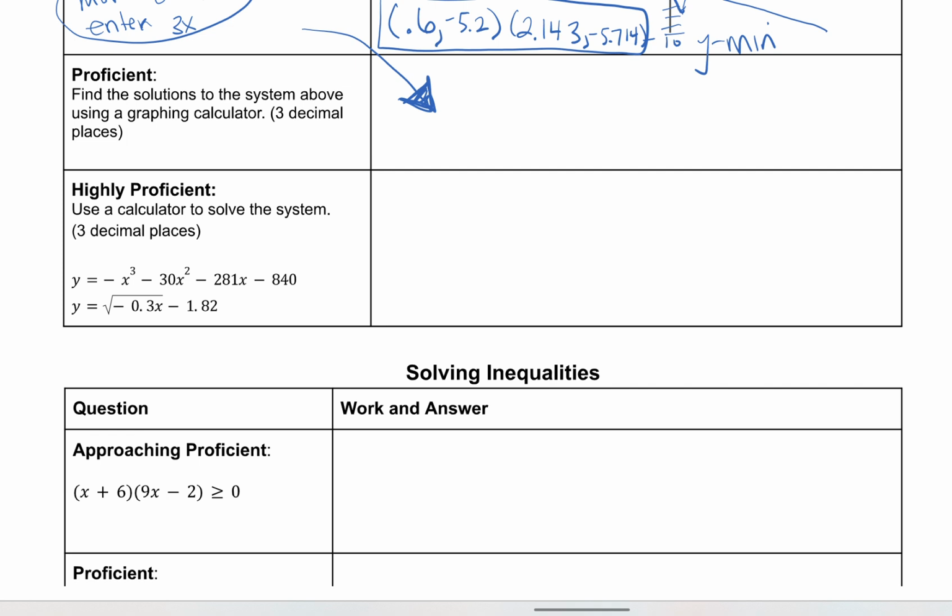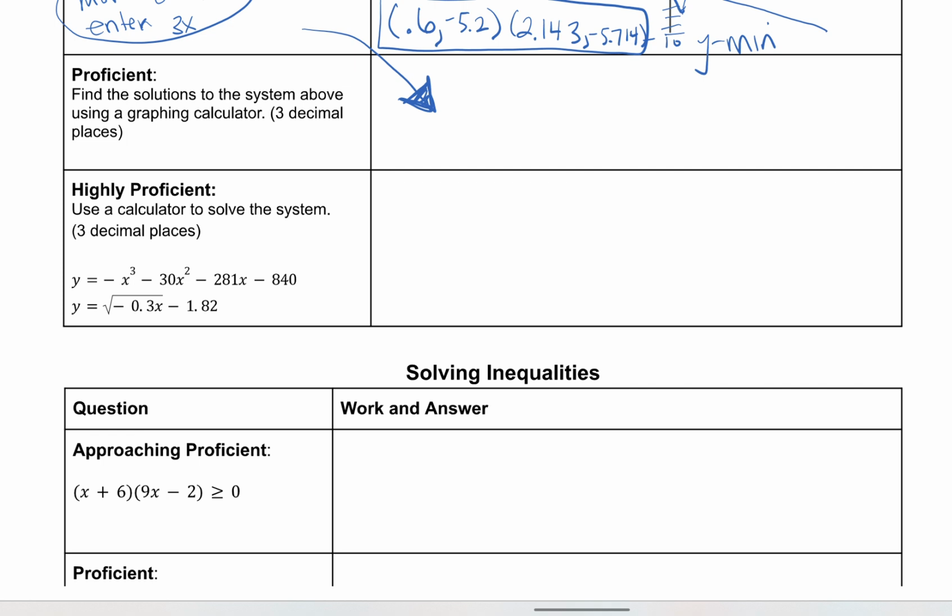Now I notice here I've got an 840, and if I plug a 0 in for x, I would get negative 840. So for my window, I'm probably going to have to change it to get down to that 840 mark, okay? And then we know the square root is kind of a one arc.